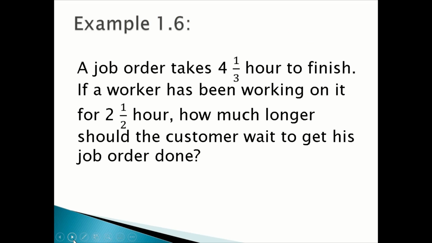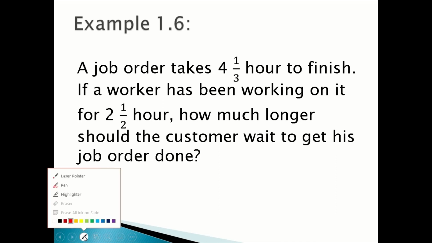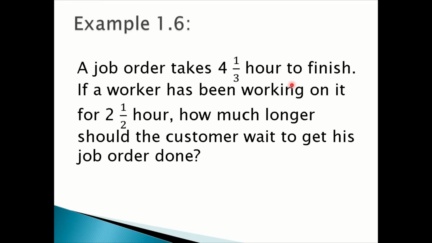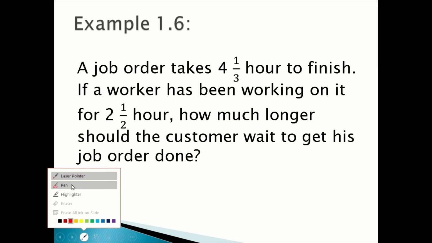Now let's try answering example problem 1.6. A job order takes 4 1/3 hours to finish. If a worker has been working on it for 2.5 hours, how much longer should the customer wait to get his job order done? In this case, we need to situate the problem first.